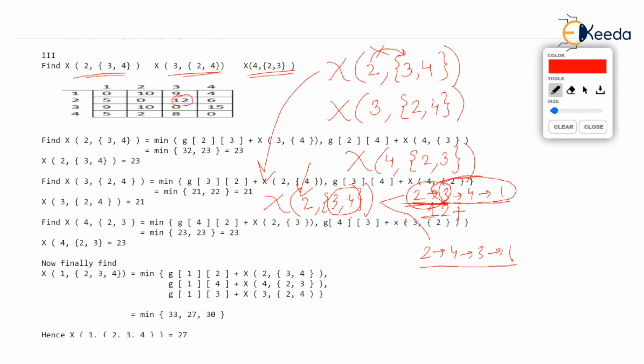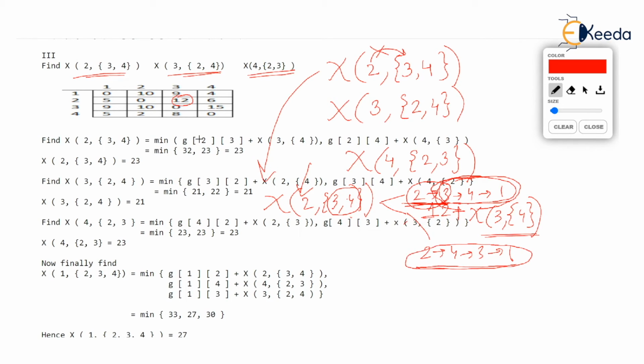But the good news is you just don't have to calculate this cost all over again. This is given by x 3 comma 4. Observe this, and x 3 comma 4 has been found in the earlier pass. That's the great thing about this. Watch it again. Watch this tour: 2431, or rather the travel.